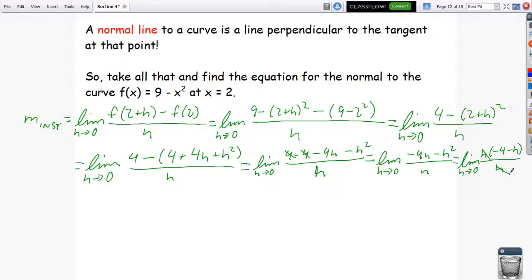Those h's cancel off. I'm left with the limit as h approaches 0 of negative 4 minus h. Plug in, I get negative 4 minus 0. The slope of the tangent line is negative 4.